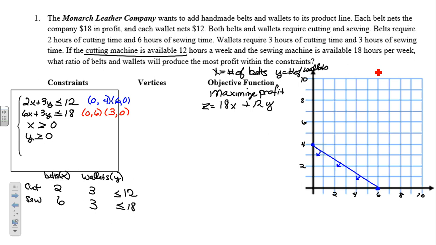Okay, plot your second line. And that second line, are we shading towards or away? Towards again. 0 plus 0 is definitely less than 18.